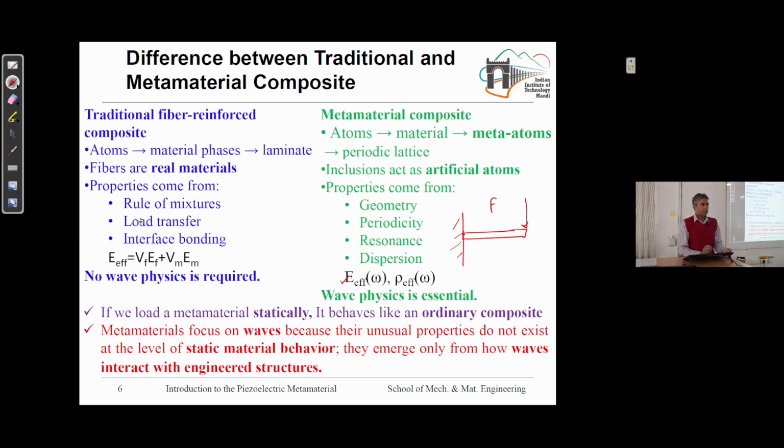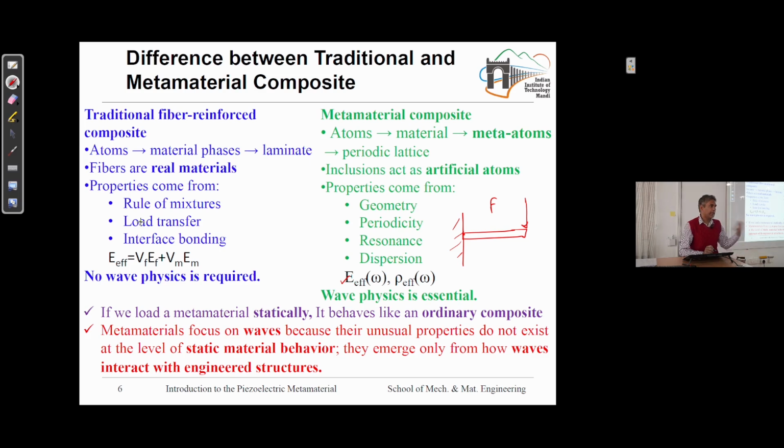So when we have a dynamic load, and as mechanical engineers we are all aware of vibrations, vibrations occur only because of the dynamic load. Similarly, in electrical engineering we have electromagnetic waves.